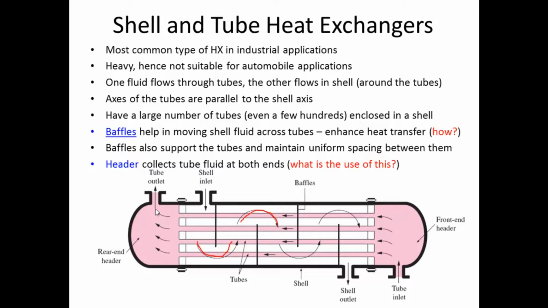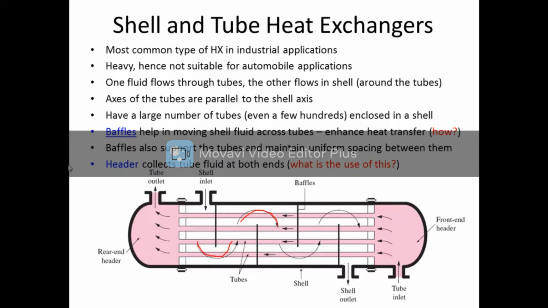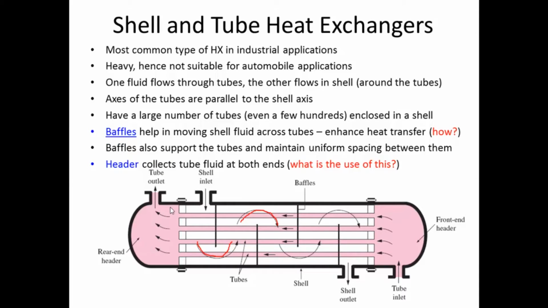This is helpful because this way we can have a single inlet point and a single outlet point for the tube fluid, even though we have a number of tubes. This also helps in maintenance work because we can unscrew or detach the header at either end, and that provides access to all the tubes, which helps in cleaning the tubes, etc.